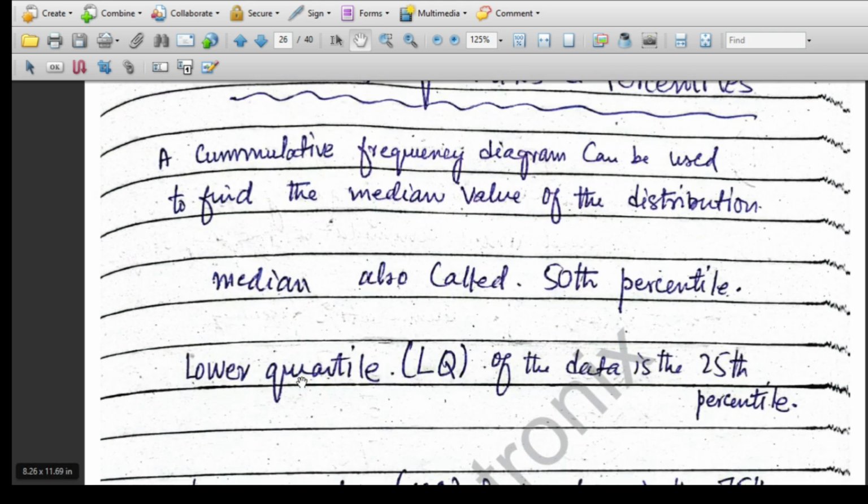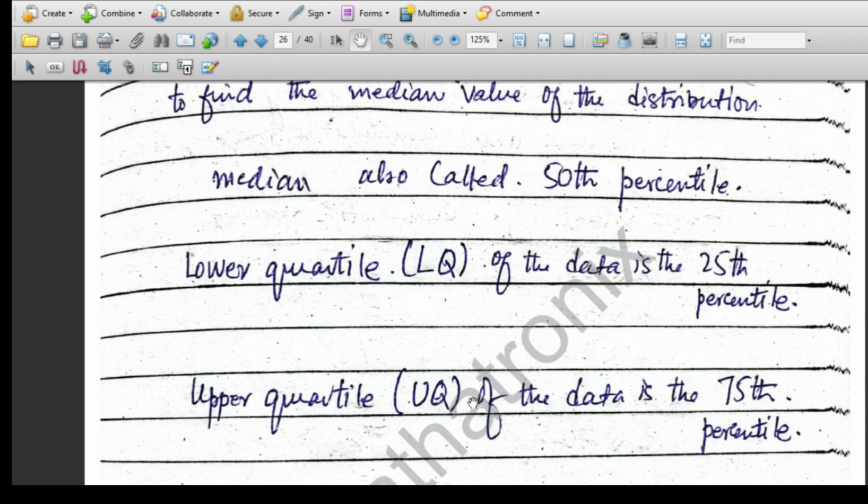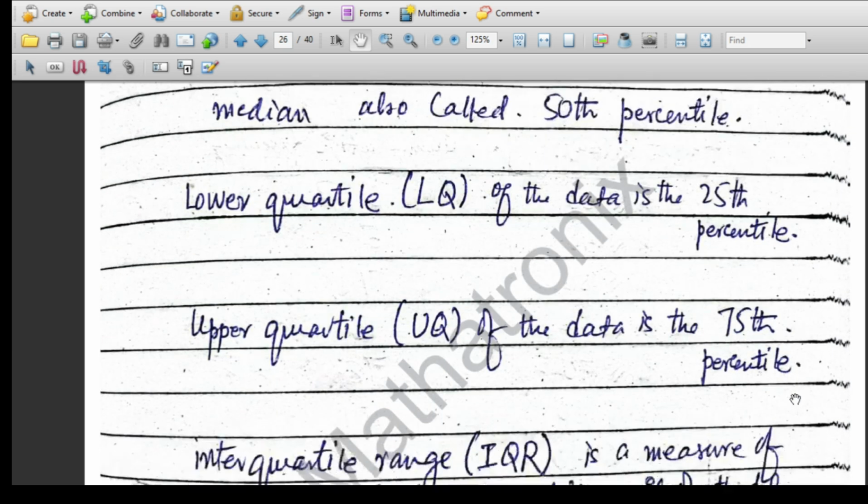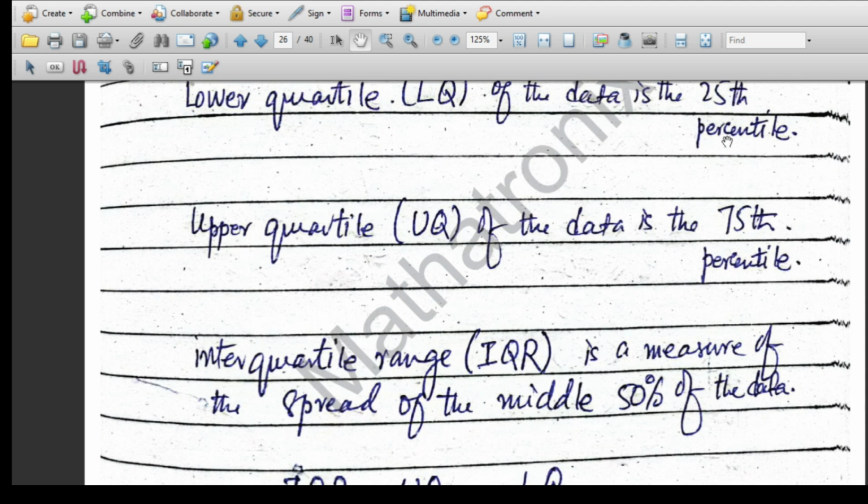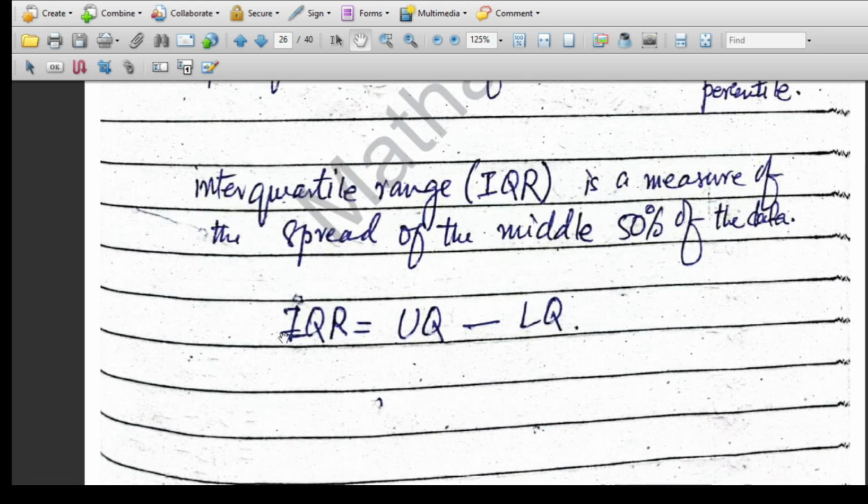The lower quartile of the data is the 25th percentile, and the upper quartile of the data is at the 75th percentile. The difference between 25 and 75 is called the interquartile range. It is a measure of the spread of the middle 50% of the data, and the interquartile range is equal to the upper quartile minus the lower quartile.